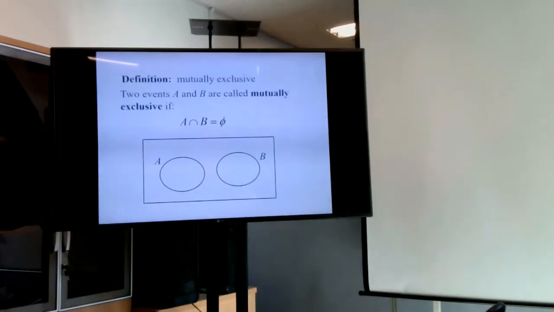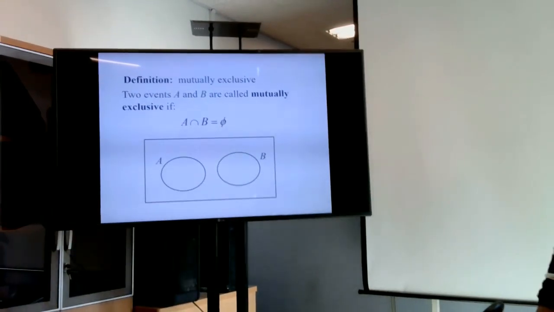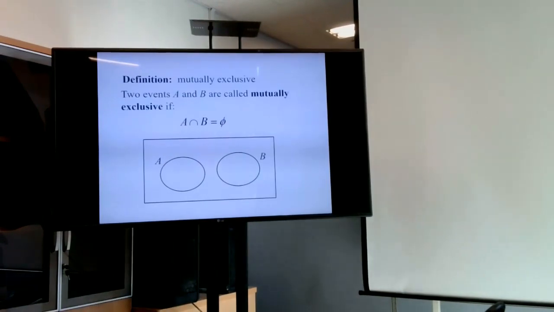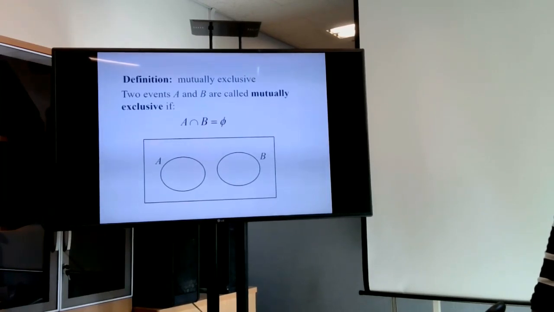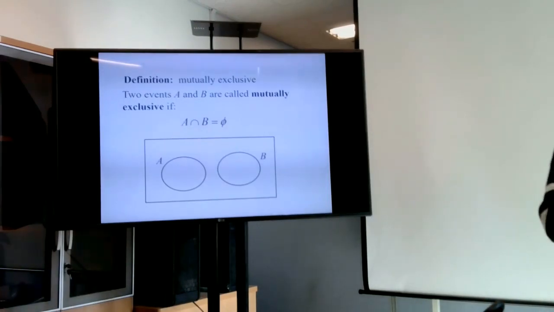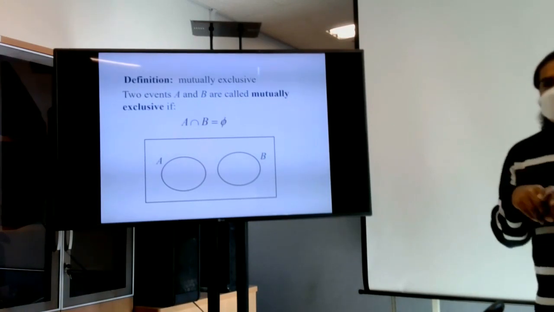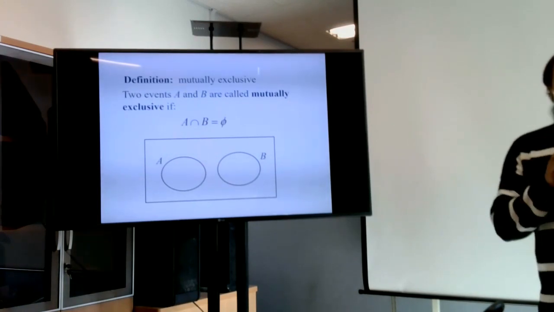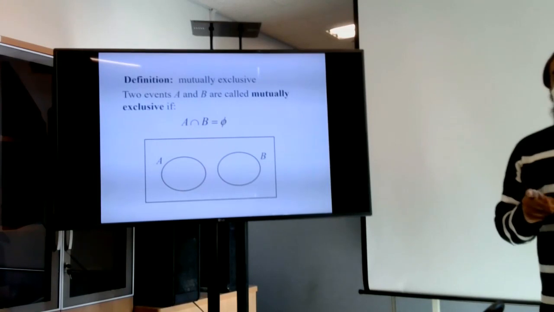Now, mutually exclusive means two events A and B are called mutually exclusive if A intersection B is equal to the phi set, because two events cannot occur at the same time. Only one of the events may be true and the other should be false.